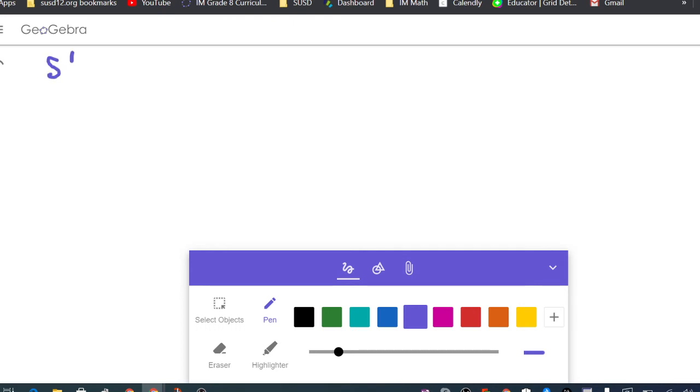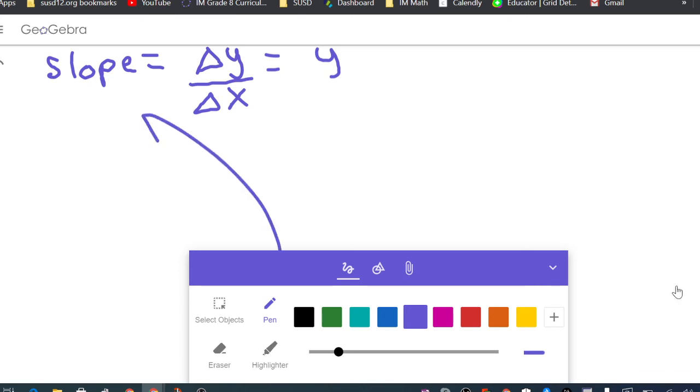The slope of a line, never forget, because you're going to need this in so many of your math classes. The slope equals the change in the y direction divided by the change in the x direction. Another way to find the slope is by looking at the coordinate points. Suddenly my pen stopped. Just a second. Oh no. Oh, there it goes now. y2 minus y1 is the change in y, divided by x2 minus x1.